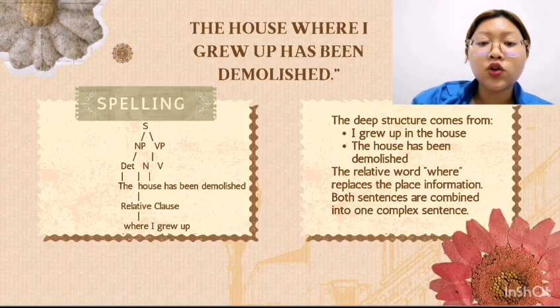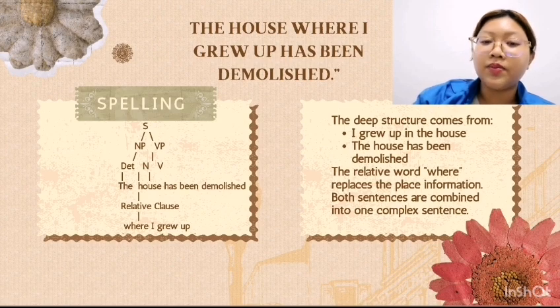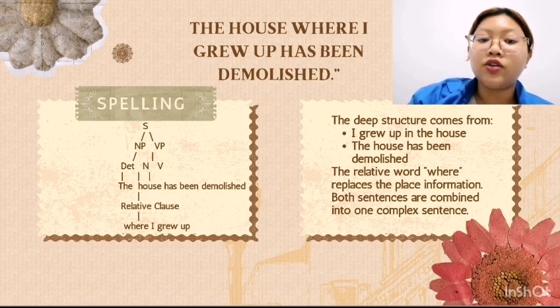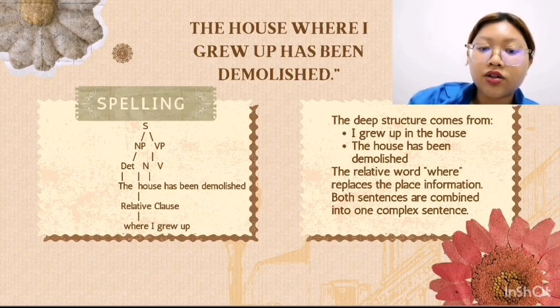Number 5: the house where I grew up has been demolished. In the tree, first we have the subject, an NP and a VP, the NP has a determiner and a noun, the determiner is the, the noun is house, the verb phrase is has been demolished, and house has a relative clause, where I grew up.